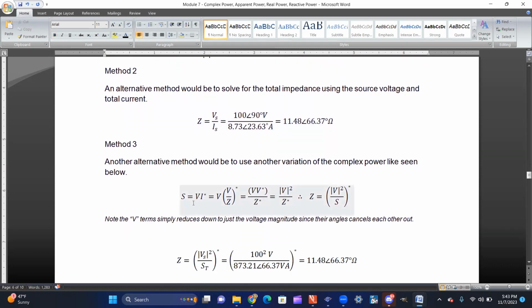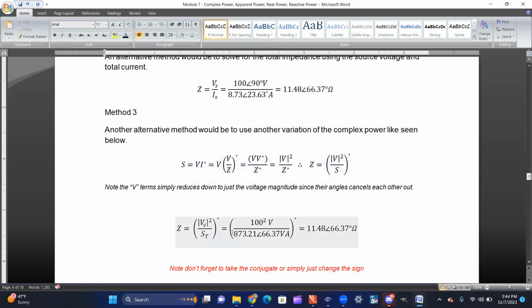Or we can use this one right here, which is kind of weird the way it works out, but it reduces to Z, your impedance, equal to the magnitude of your voltage squared divided by your complex power, and then you're going to take the conjugate of that, which all equals 11.48 at an angle of 66.37 degrees ohms.